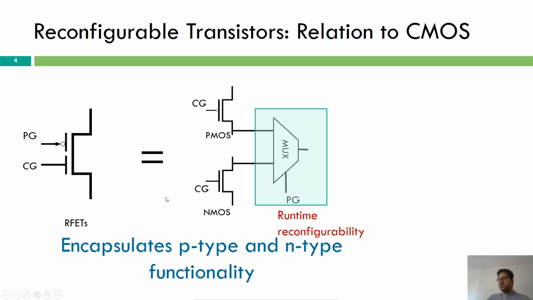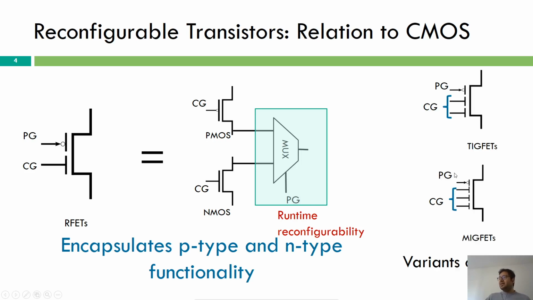So from this figure, it seems clear that it encapsulates the p-type and n-type functionality, and depending upon the PG, we choose the functionality we want. The other aspect of RFETs is that, as we said before, it can support multiple gate terminals on a single channel. So you can have more than one program gate and even more than one control gate.